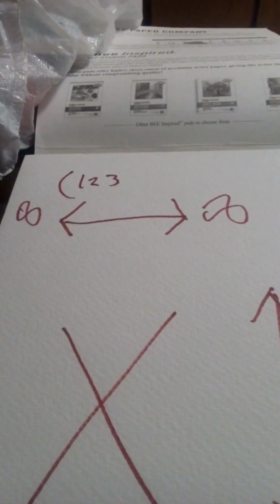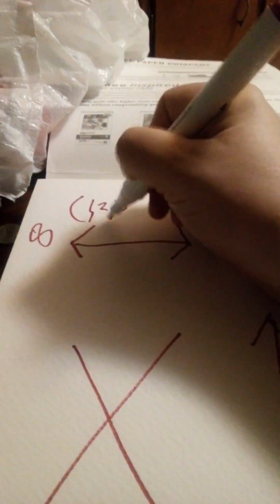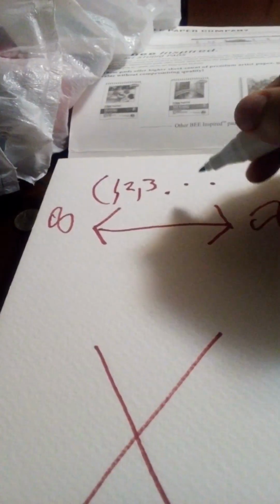Now, in set theory, we will oftentimes show a pattern by putting parentheses around three numbers separated by commas. And so we'll put an ellipsis, 3 periods, to basically say that the pattern continues in such a way.